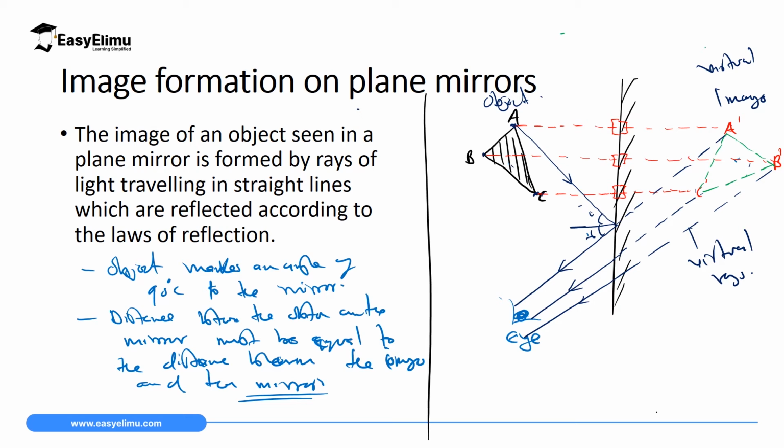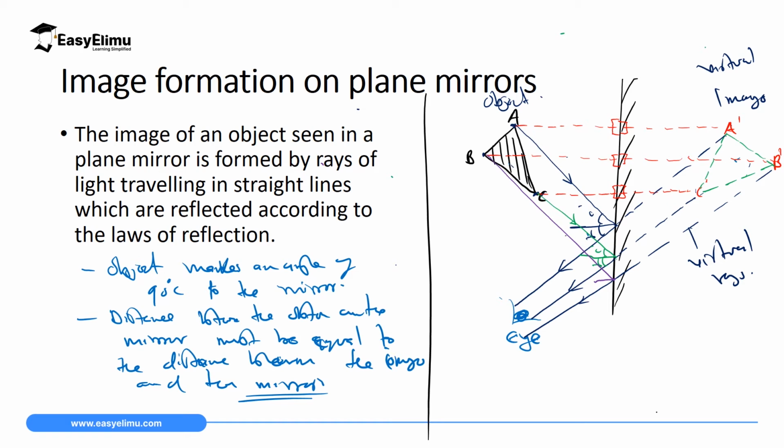Then the ray from C prime also came from C, but let me draw it using a different ink. It came from C to this mirror, and then it got reflected at this point of incidence in such a way that I equals R. Then a ray from B prime came from B. When it came from B, it got reflected at this mirror like that, and the angle of incidence also was equal to the angle of reflection.